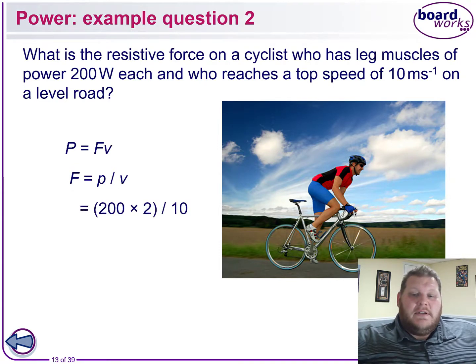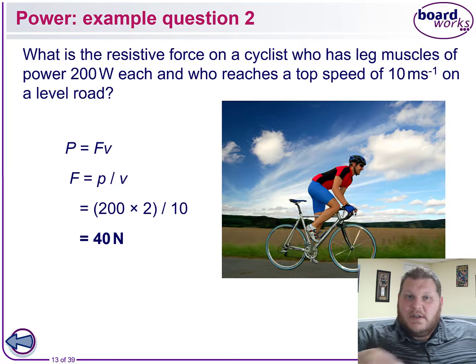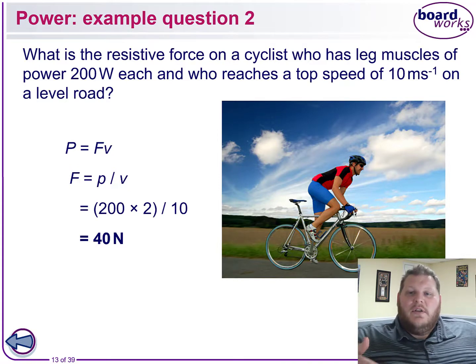So 200 times 2 here, because this power is of each leg, and from the picture here we can see that the cyclist has both legs. So 200 times 2, and then dividing by that 10 meters per second for our velocity gives us a total of 40 newtons. So that's how much force the cyclist is actually producing to accelerate forward. Therefore, the resistive force acting on it has to be equal and opposite to that.